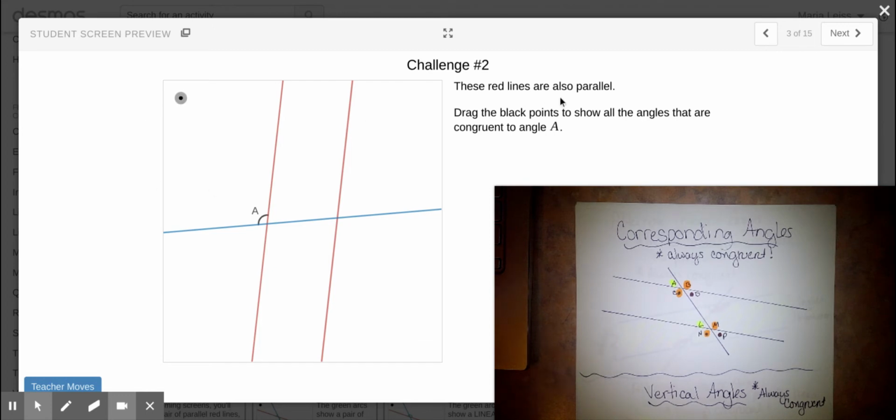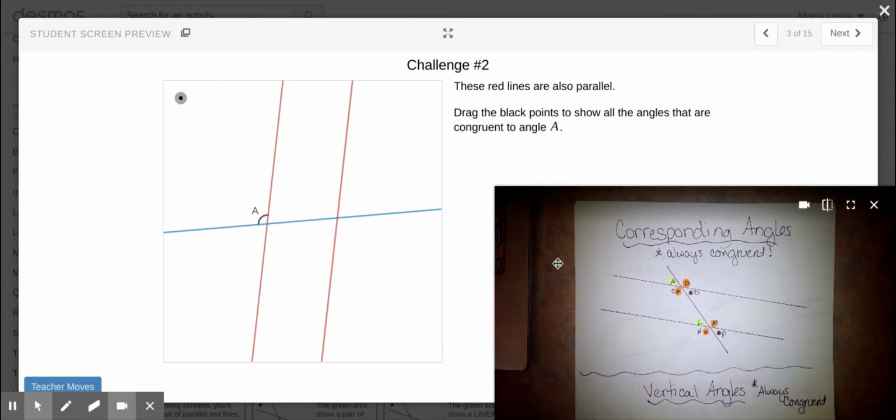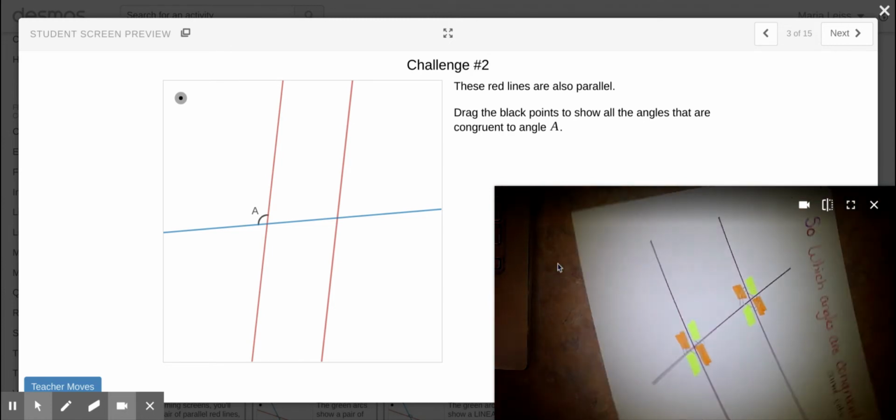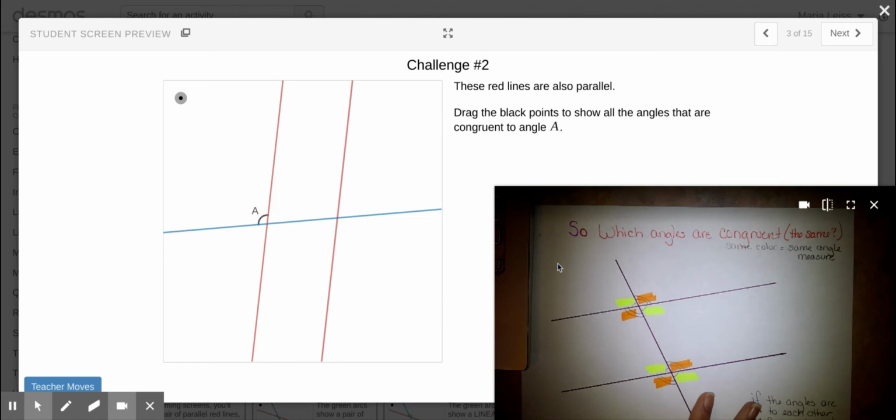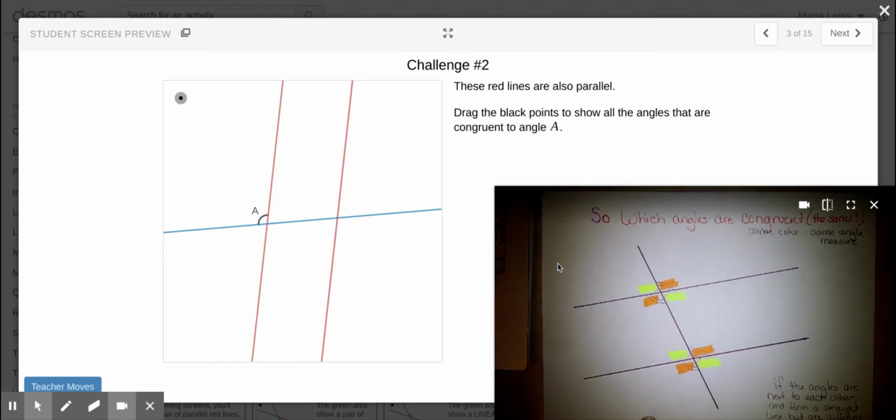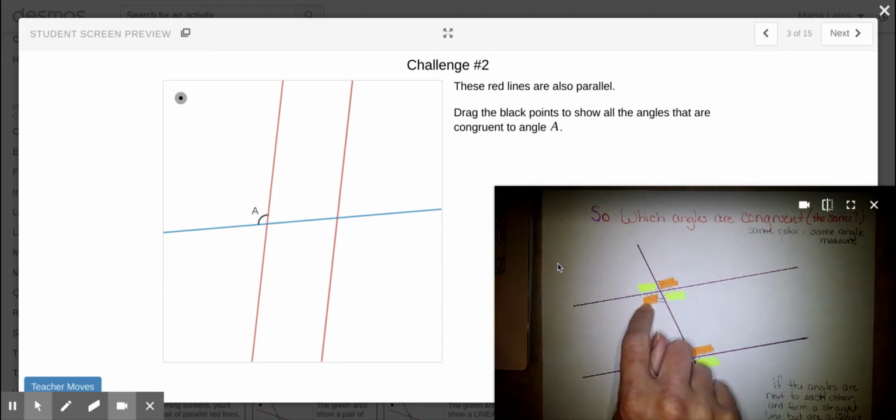All right, when you get to question 3, it's called challenge number 2. A lot like the first one, except it now wants you to show all the angles that are congruent to A. Well, here's a secret. If you have this document open and you go to the very last page, it gives you this hint. I show this picture. Notice I've got 4 angles that are yellow, 4 angles that are orange.